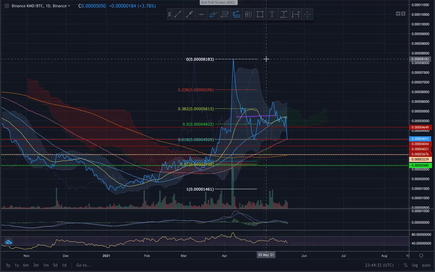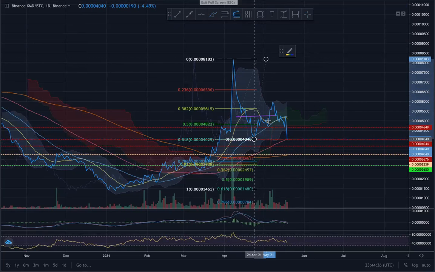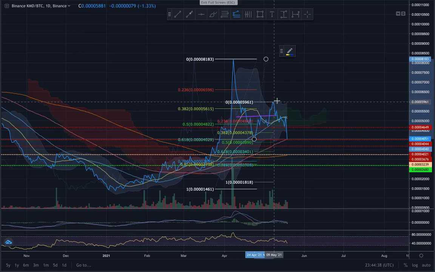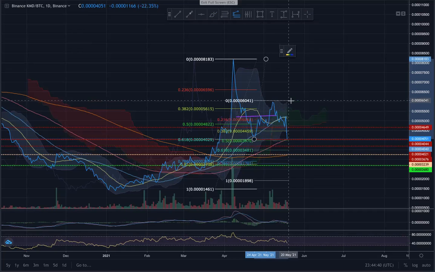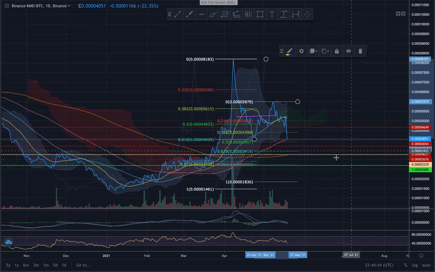Whoops. So we go from the start of the A to the bottom of the A up to the B. And bang that out roughly. And so here's 618 is roughly around 3,400 Satoshis.